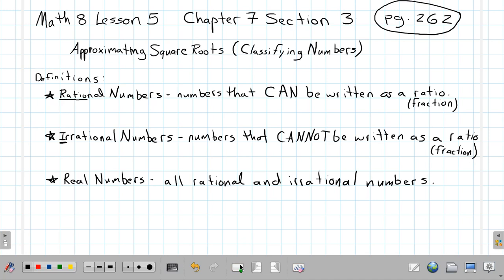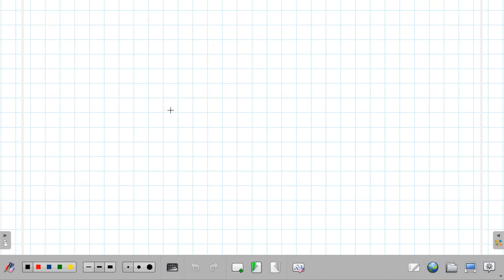So that's the actual textbook definitions of all these different words. But now let's go ahead and see how we're going to identify. So in this case, this section is going to be how to identify numbers. Okay? And what I mean by that is, well, how are we going to know what a real number is?